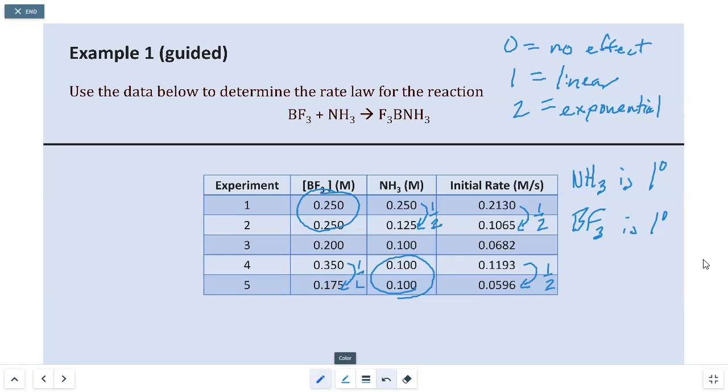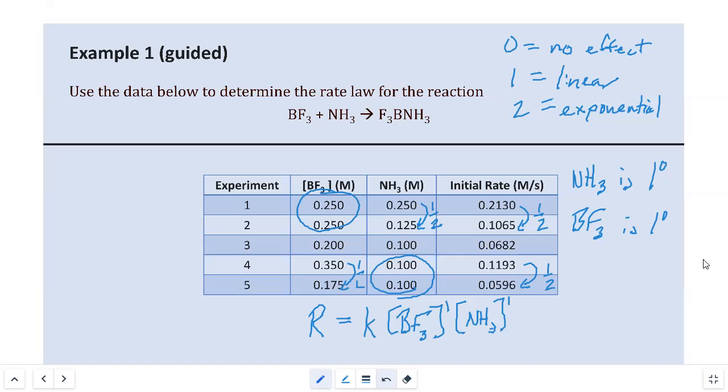So to determine the rate law, all I need to do is, these are both of my reactants, I need to put them in that context. Rate, which I'm just going to abbreviate as capital R here, is equal to the rate constant, lowercase k, multiplied by the concentration of boron trifluoride to the first power, multiplied by the concentration of ammonia, also to the first power.